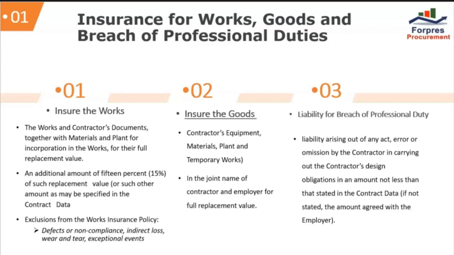It shall also cover liability arising when such contractor design part, that is section or parts or major item of plant, if any, when completed, is found to be not fit for the purpose for which they are intended.